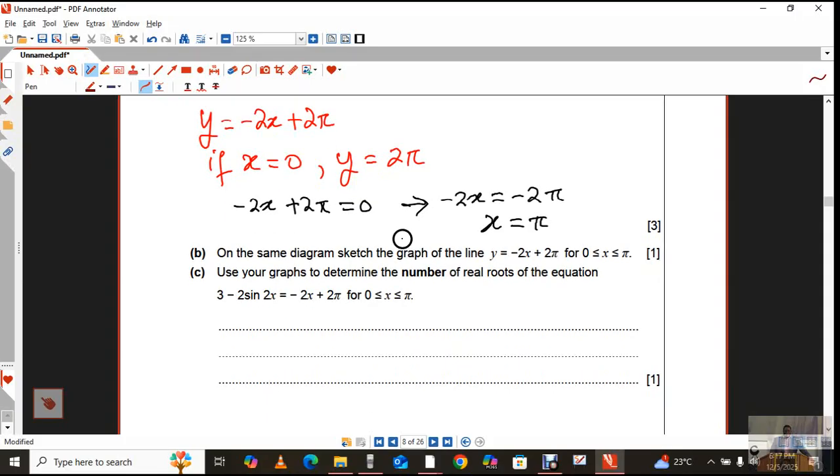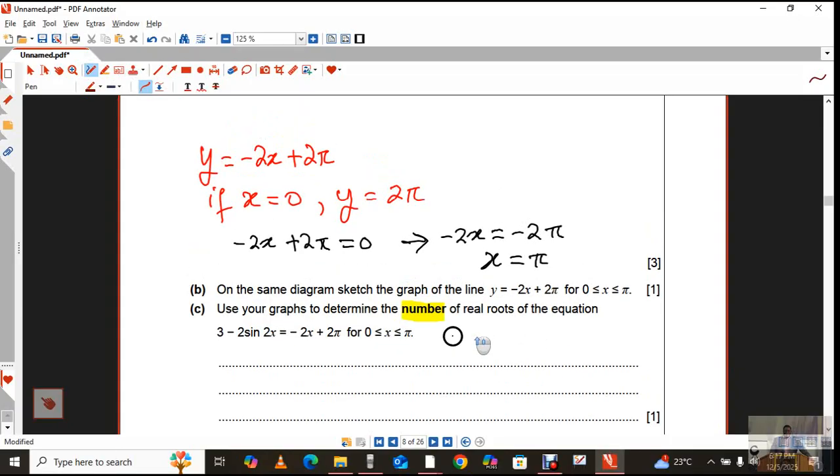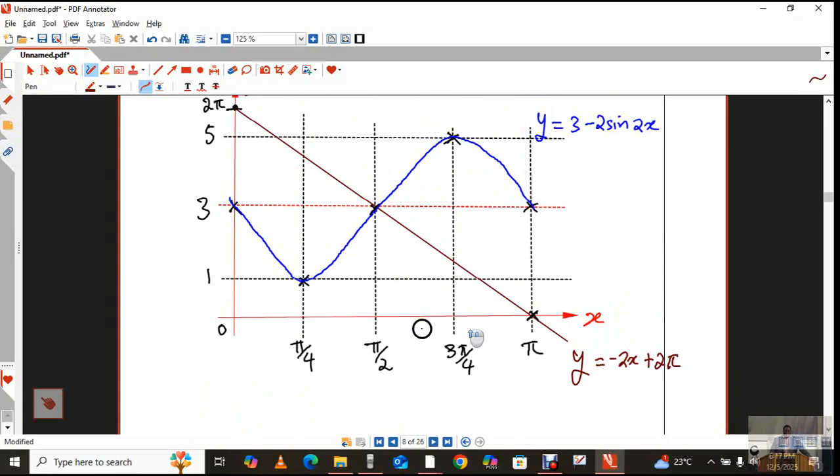Then for part C, use your graphs to determine the number, and the word number here is bolded, of real roots. Basically, where these two graphs are equal, it means where they are intersecting between 0 and pi radians, and as you can see, they intersect here at pi over 2, but we're not looking for the value of pi over 2.